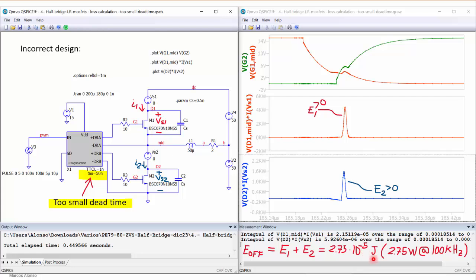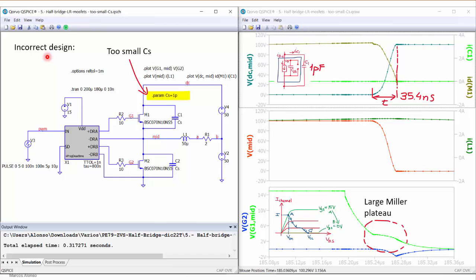So for a switching frequency of 100 kHz, this means 2.75 watts. And we have to multiply this by 2 because we have this process twice per switching period. So this is a huge amount of losses due to the incorrect selection of the dead time.